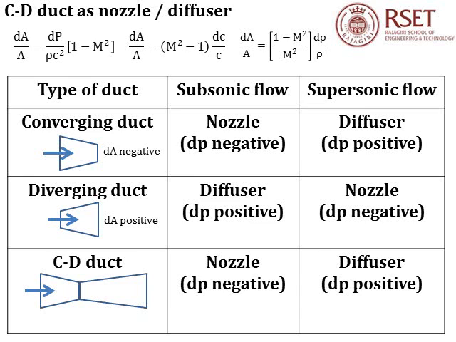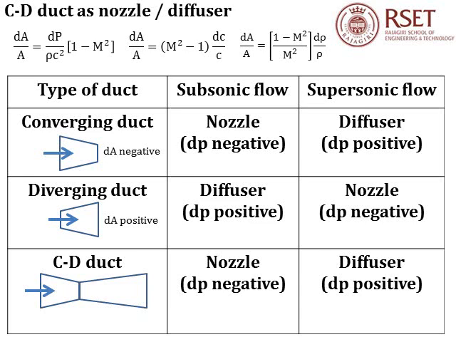So when a subsonic flow enters into a CD duct, as it passes through the duct, it accelerates with reduction in pressure, and it should accelerate such that at the throat of the CD duct, that is at the end of the converging part, it should attain a Mach number equal to unity.